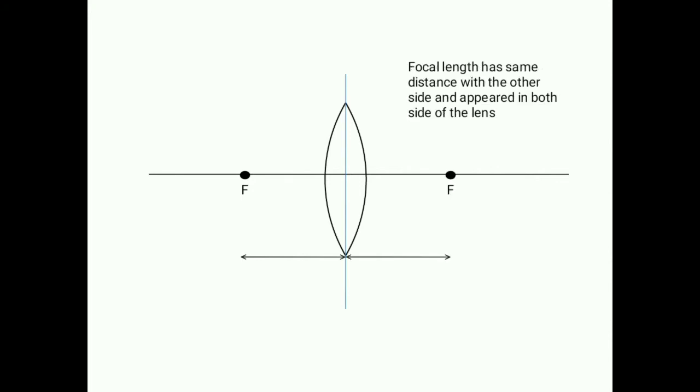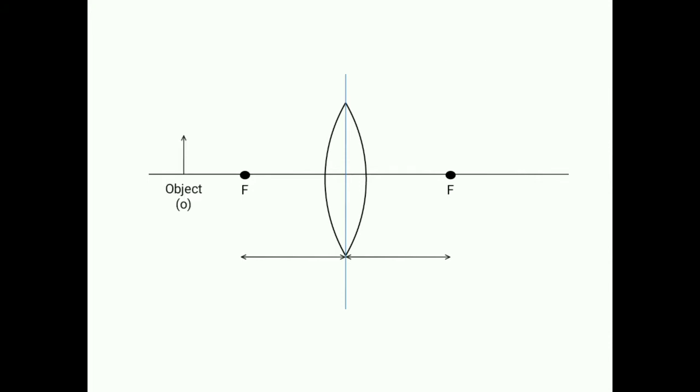Now remember that the focal length has the same distance on the other side and always appears on both sides of the lens.